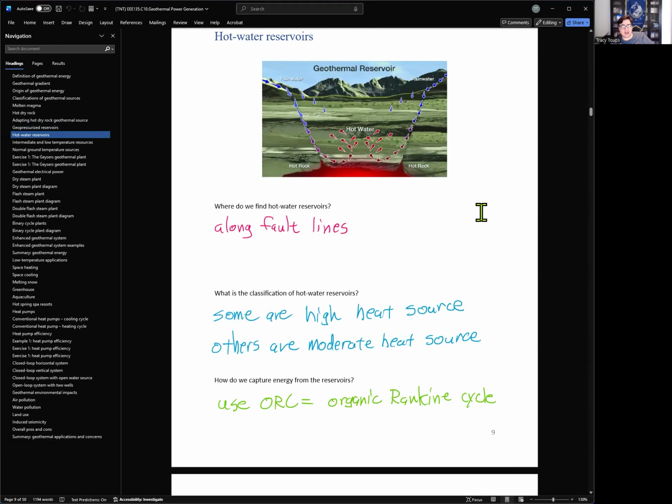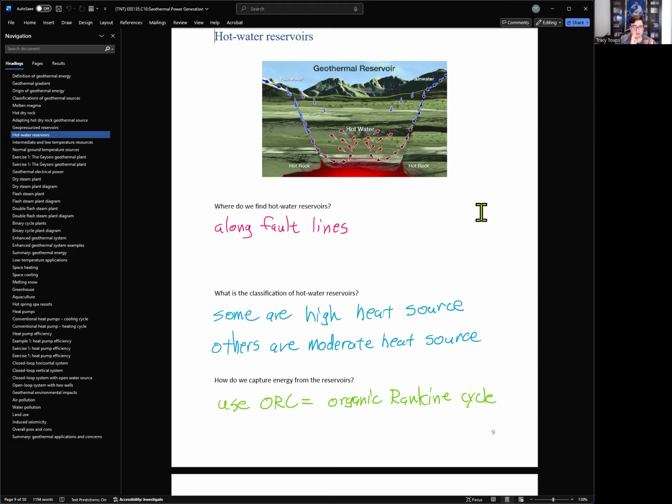Next one we're talking about is hot water reservoirs. So here you have a heat source down below, and then above it is water. And then we have a natural way to get the water, right? So it's kind of like what dry rock would have been if water happens to be present nearby. Okay, where do we typically find hot water reservoirs?